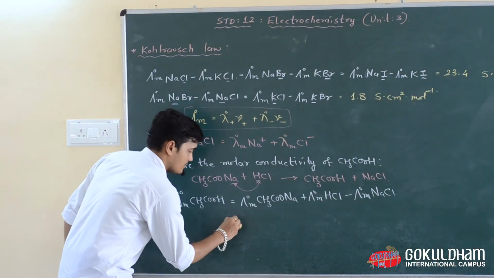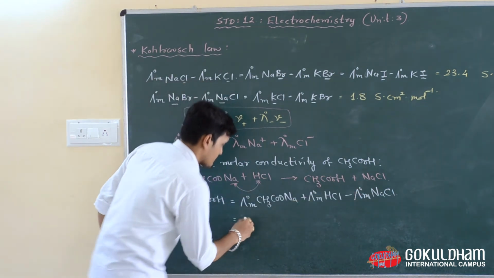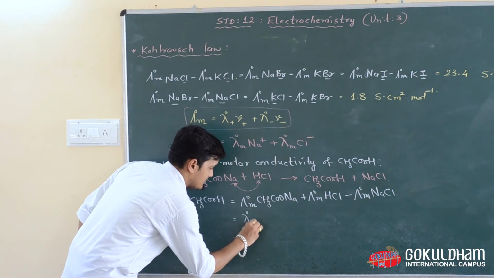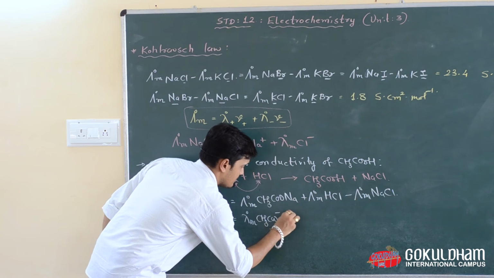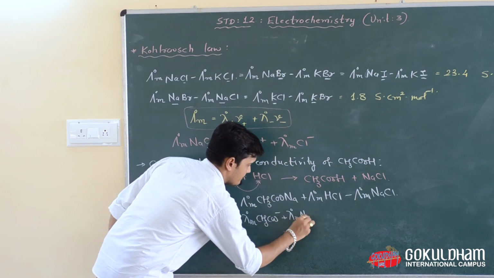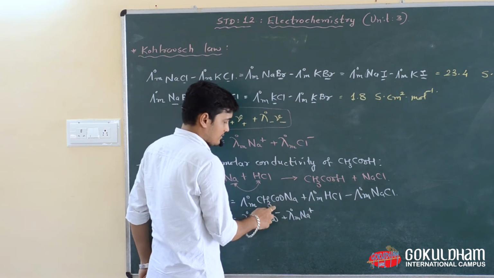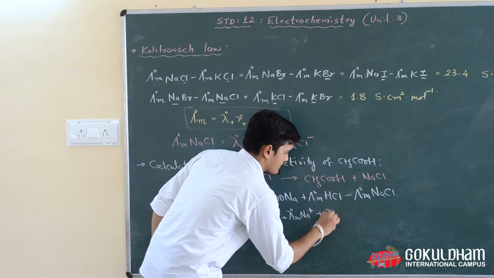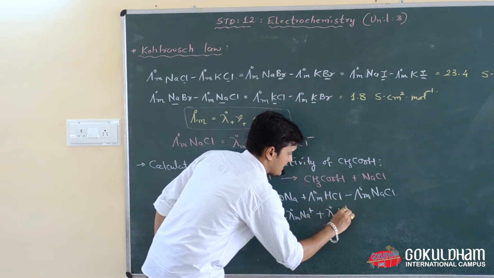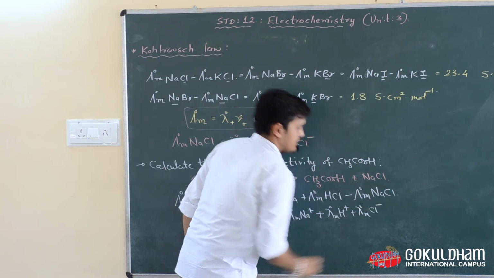Now it dissociates into positive and negative ions. So we can write lambda 0 m CH3COO minus plus lambda 0 m Na plus. These two are the ions of sodium acetate, plus lambda 0 m H plus lambda 0 m Cl minus.